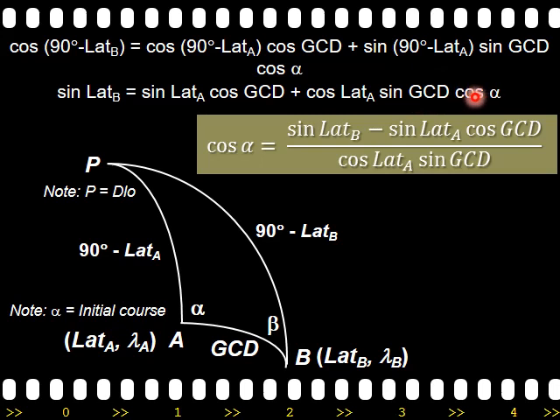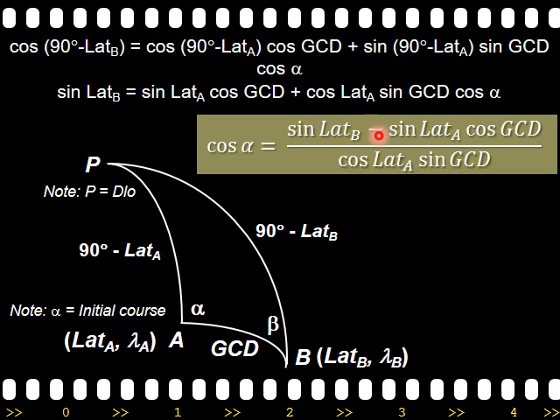Na kung gusto nating ma-solve si cosine alpha, paano gagawin natin? Magdi-derive lang tayo ng equation. So, itong sine lat A times cosine GCD, i-move natin siya dito sa left side, kaya magiging ganito siya: sine lat B minus sine lat A cosine GCD. Pag tinranspose natin tong term na to sa kabilang side, magiging negative siya, kaya naging minus.